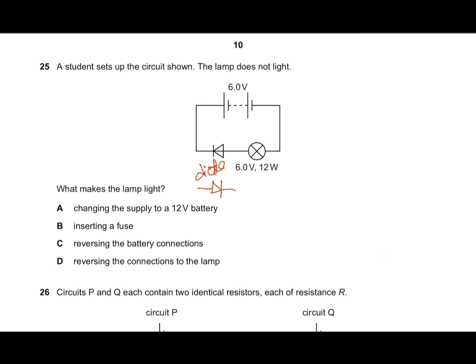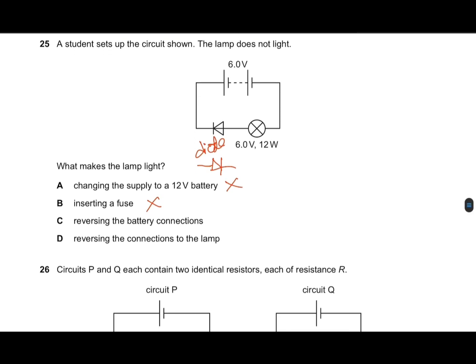So in this case, let's see the options. Changing the supply to a 12-volt battery: no, the battery voltage increment would not lead to correction. Inserting a fuse: no. Reversing the battery connections: yes, it might change, because when we reverse the battery connections, then the diode is forward biased in the same orientation.